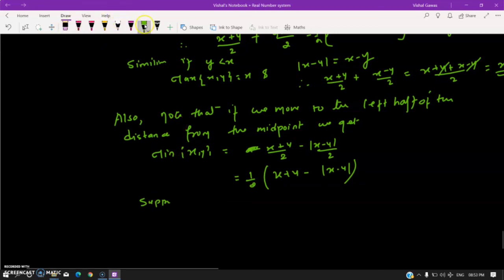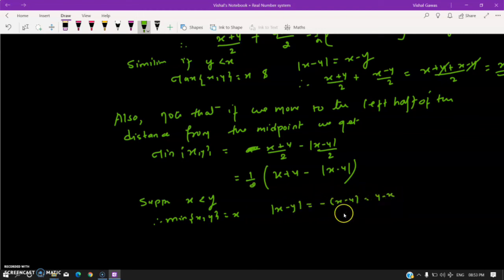Okay, anyway, suppose x is less than y. Therefore, the minimum of x and y would be equal to x, right? Therefore, what will happen if x is less than y? The absolute of x minus y would be equal to, since y is bigger than x, the negative of x minus y, which is y minus x.